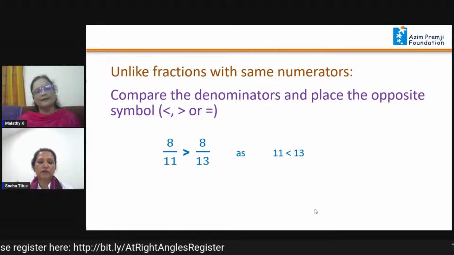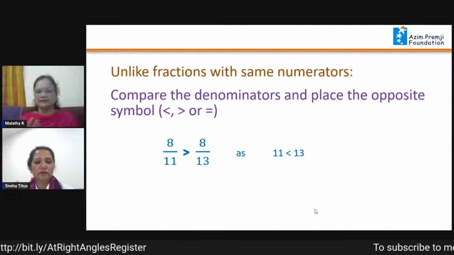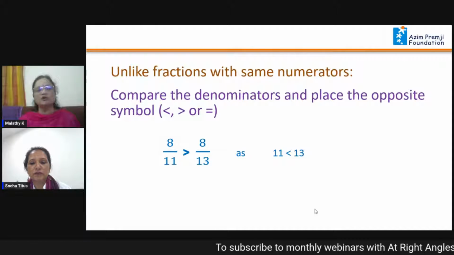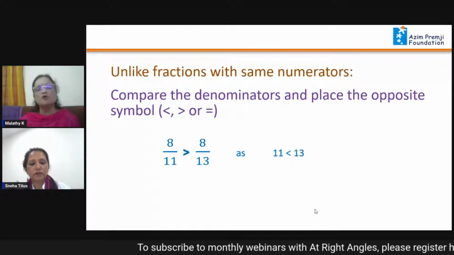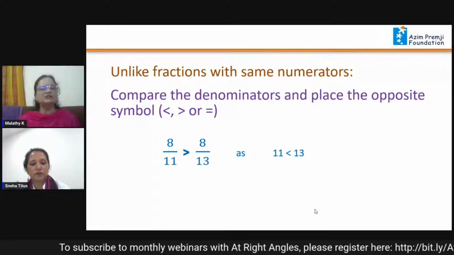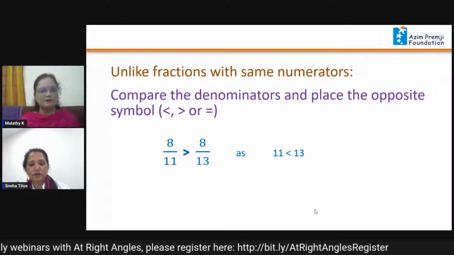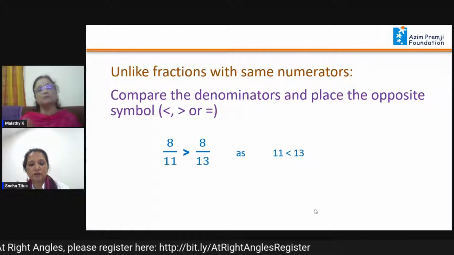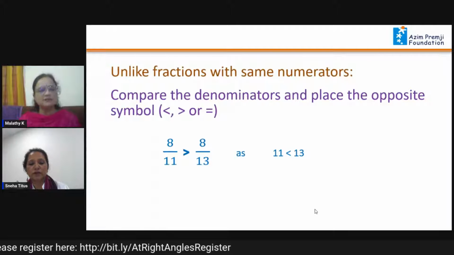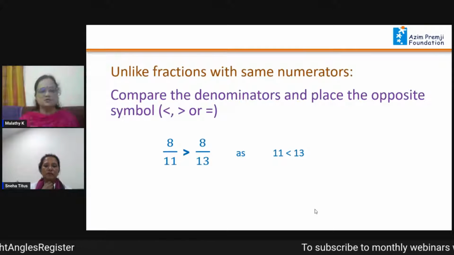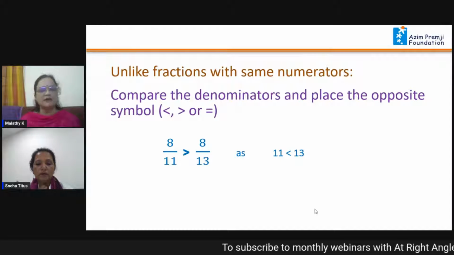Then when we move on to unlike fractions, whether it is unit fractions or with same numerators, it is going to be the denominators. If the denominator is becoming more and more, the fraction is going to be less. So I will not start off with proper fractions for this. I go with whole numbers replaced with improper fractions, meaning 15 by 3 and 15 by 5.